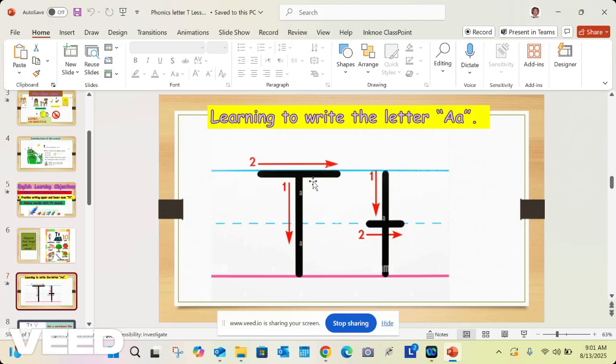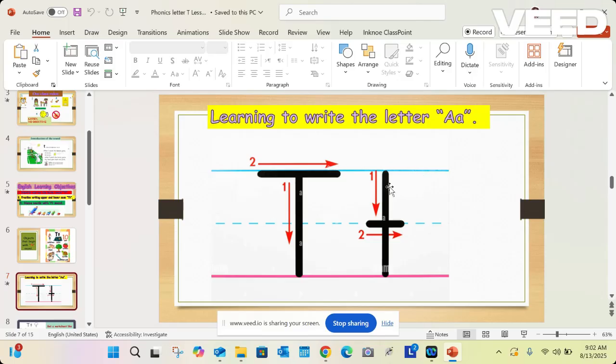Do it for Miss Radi. You go down. Then you pick your pencil and then you do number two. Very good. Do again. One, then two. Yes, very good.